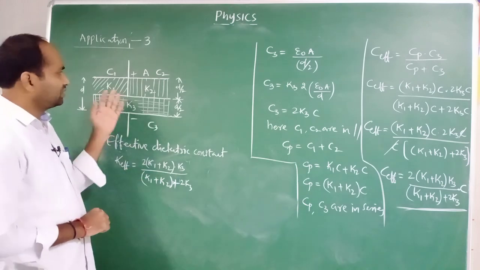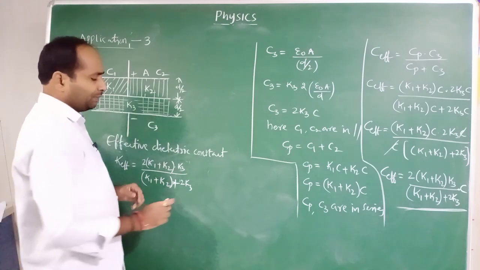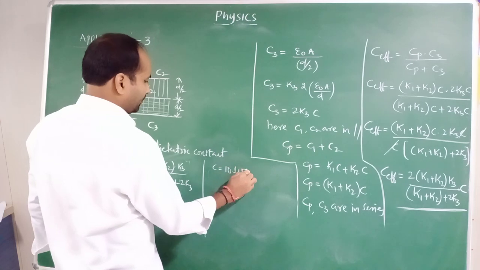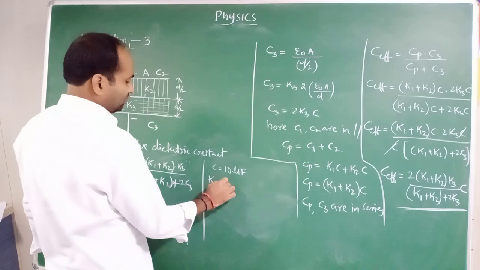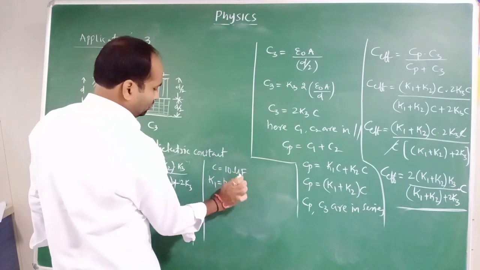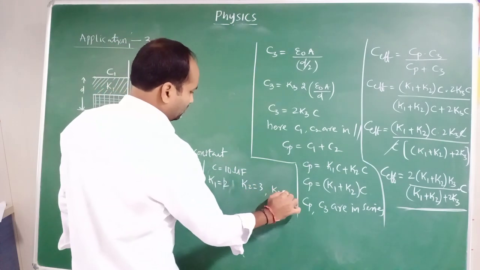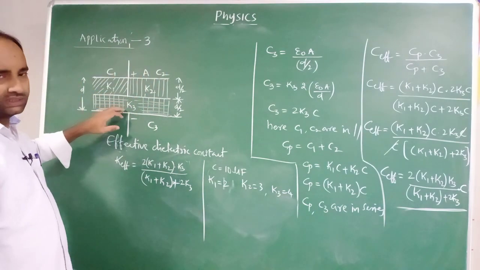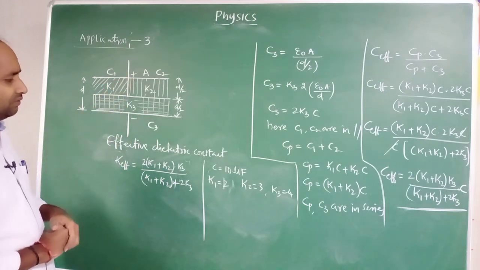Suppose instead of K1, K2, K3 they give the capacitance of the parallel plate capacitor as 10 microfarad. Three dielectric slabs of constant K1 is equal to 2, K2 is equal to 3 and K3 is equal to 4 are inserted between the plates as shown in the figure.